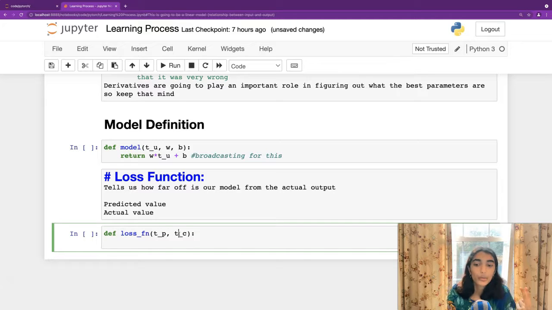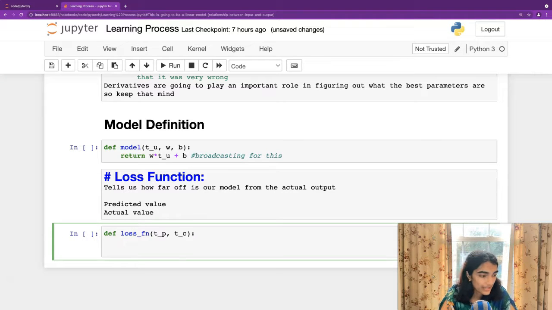Second, we're dealing with the actual output in Celsius, what that temperature of unknown units looks like in Celsius. That's the relationship we're looking at. And we have a predicted value based on the linear relationship that we think it is for the moment.